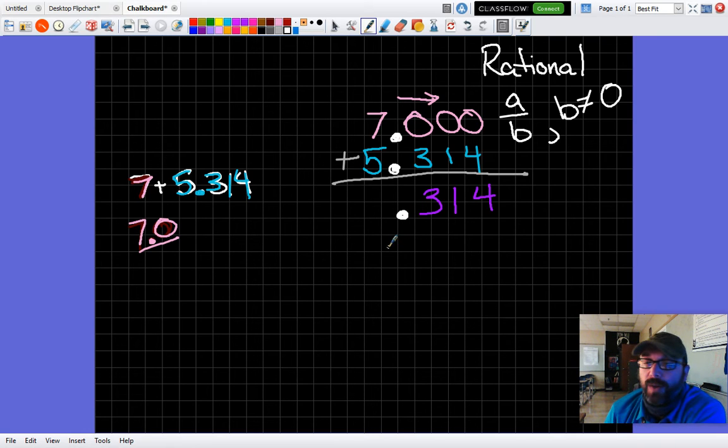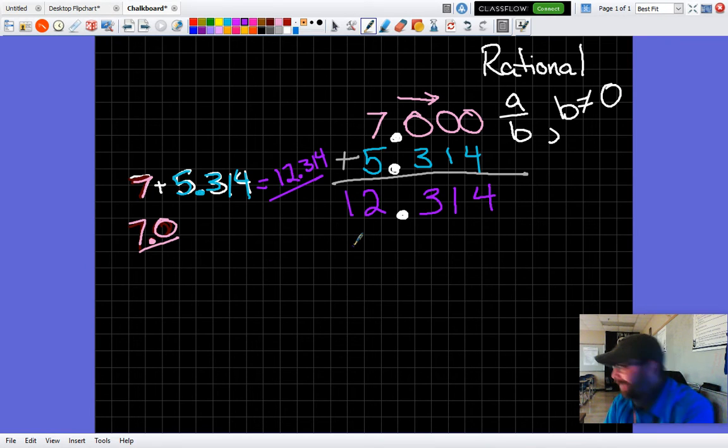And if you have a hard time remembering that, put them in before you even start. Now I've got 7 plus 5, and 7 plus 5 is 12. So 7 plus 5.314 is 12.314. And that is our first example.